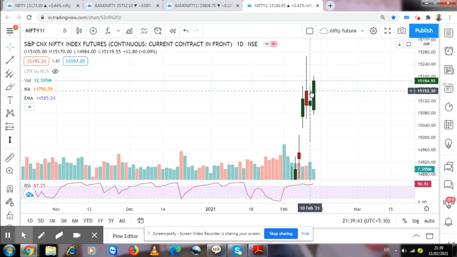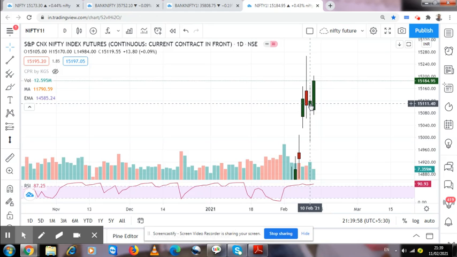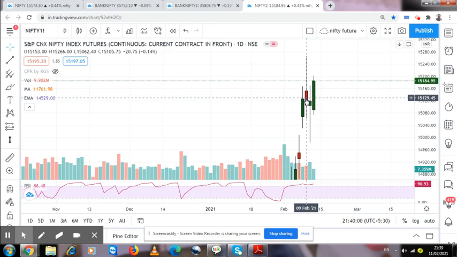You can see that 180 points movement was there. And this is the green candle which was made today, the 11th of Feb. You can see this has totally engulfed this candle body.